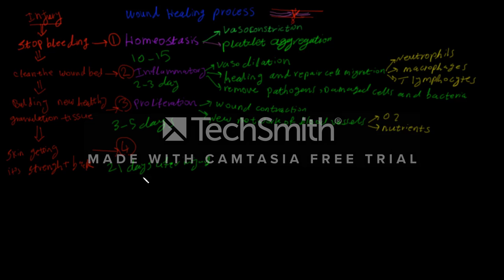So what happens in this phase, and what is it called? This phase is called maturation or remodeling. In this phase of wound healing, the collagen changes from type 3 to type 1 collagen.